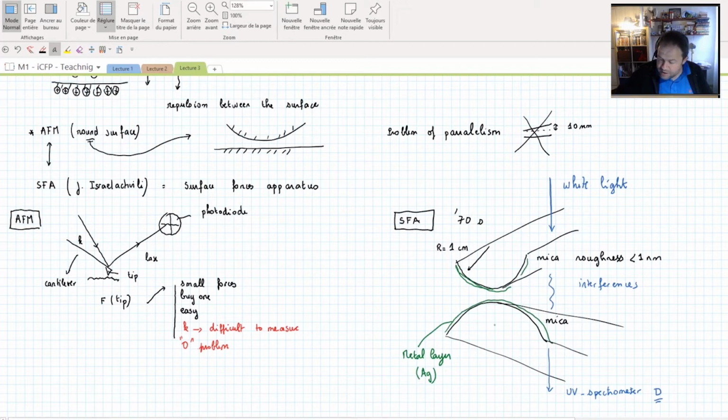Just to have several waves in your interferometer and to create a Fabry-Perot interferometer. By doing that, you are really able to measure distances with the same precision as the AFM, but you are able to measure absolute distances.